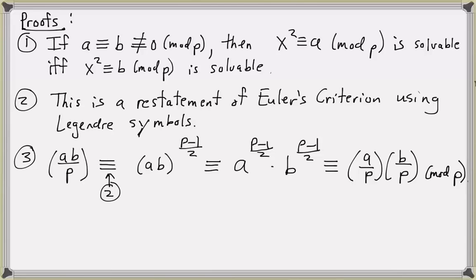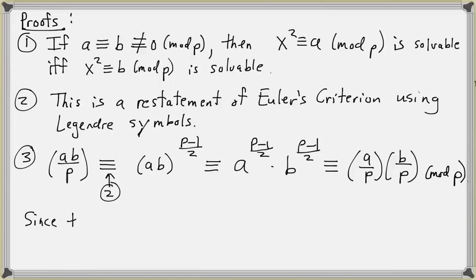But the quantities on the left end and the right end of this congruence have to equal plus or minus 1. If they have to equal plus or minus 1, and they are congruent mod an odd prime p, they have to be equal. If one side is 1, then the other side has to be congruent to 1, or equal to 1. And likewise with negative 1.